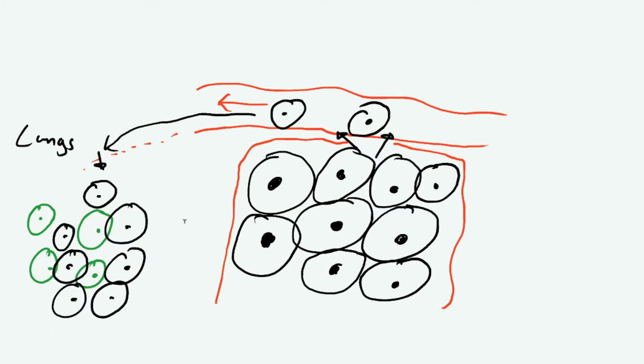So basically what we're saying is that this tumour has spread to other parts of the body. And this is the kind of tumour that we call malignant. A malignant tumour is one which is able to spread to other parts of the body.